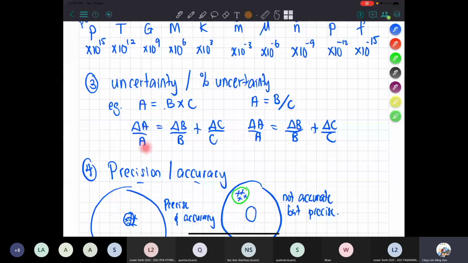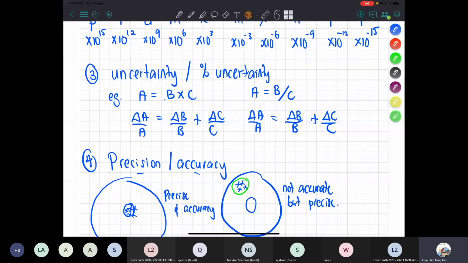Delta A over A equal to delta B over B. If you have addition or subtraction, let's say A equal to B minus C, the uncertainty of A is only you add the uncertainty of each of them. So you no need to do the fractional uncertainty.